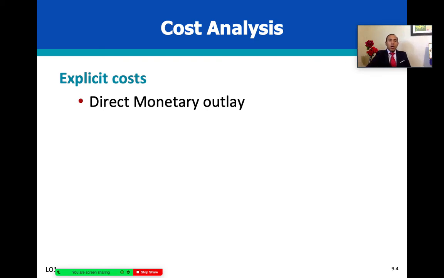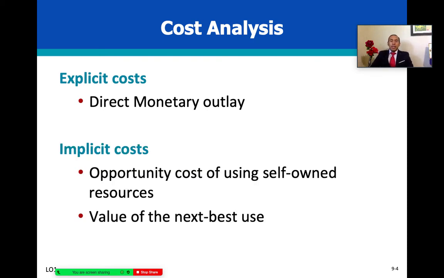Those are direct costs. Implicit costs are more of an estimated value that is foregone. It's an opportunity cost of using your own resources and the value of the next best use. Think about this as the foregone benefit of using one's resources. It's an implied cost.